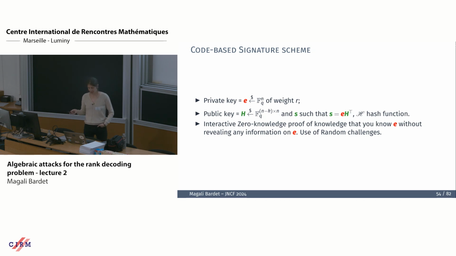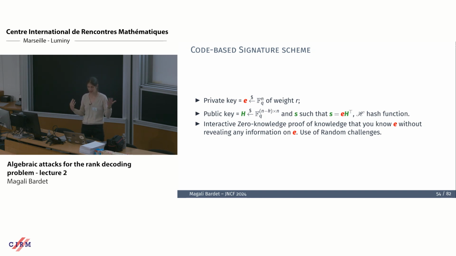And I will not describe exactly how it can work, but the idea is you can, for instance, change your problem with a permutation and reveal the permuted vector of your error. And if you reveal a permuted version of your vector, then you reveal nothing on your error, just knowing how many ones you have in the vector. But you can prove that you know the error.